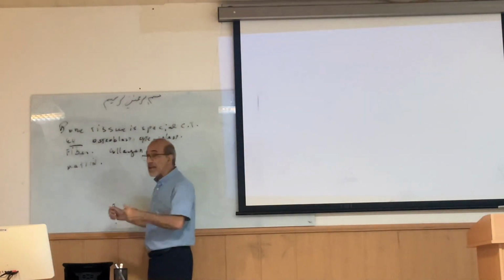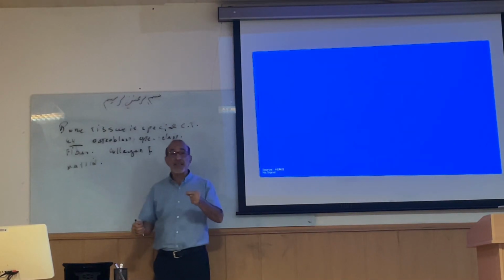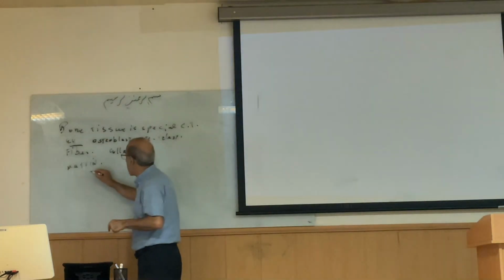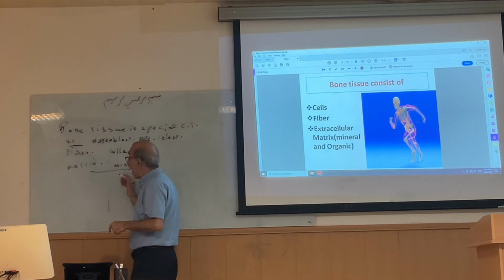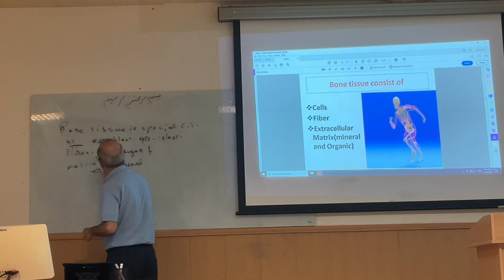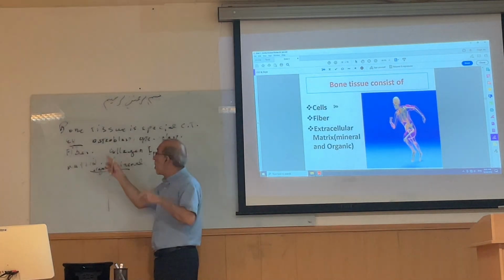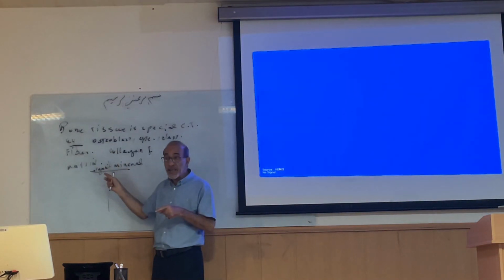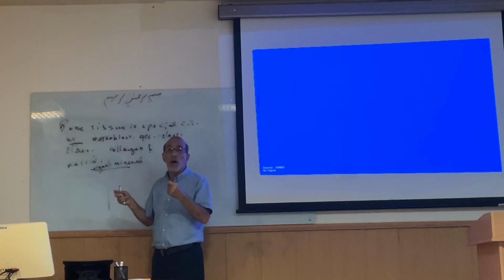Matrix: in bone tissue, the matrix consists of two parts: one, mineral, and two, organic. The organic part is synthesized by osteoblasts.